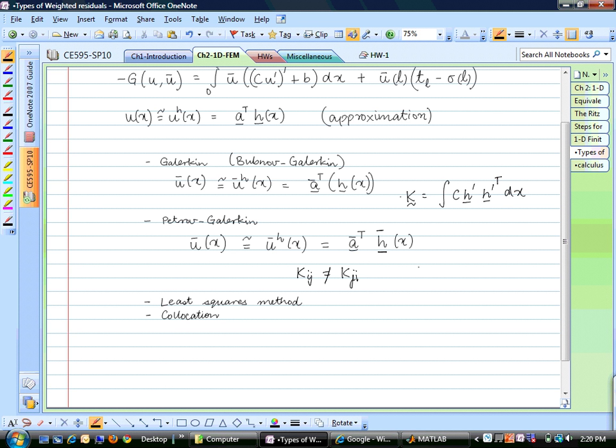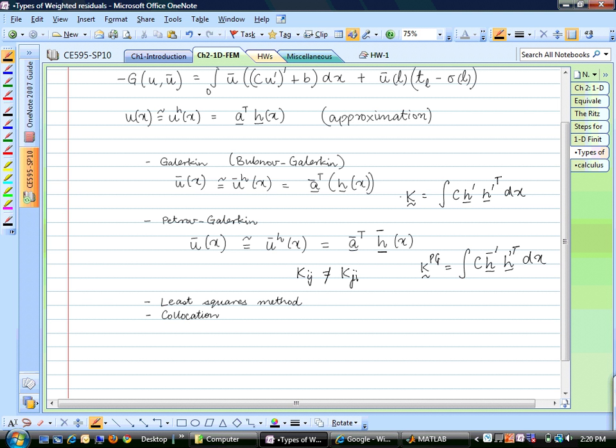But in this case, K for the Petrov-Galerkin method would be C times H bar prime and H prime transpose. So this stiffness matrix will not be symmetric.